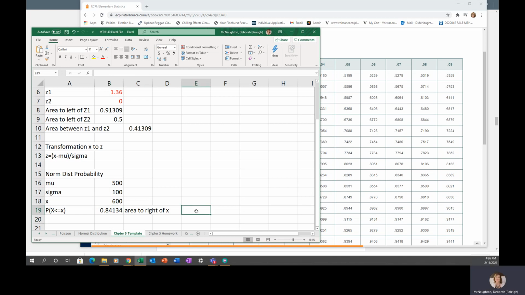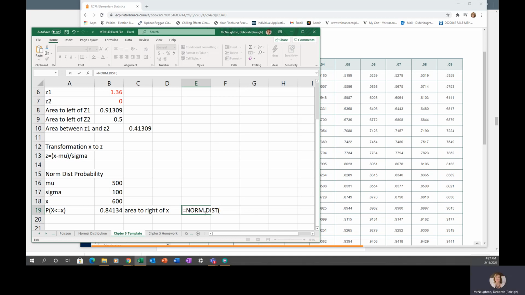Okay, so the thing that I used is equals norm.dist. I'm just going to grab the formula.